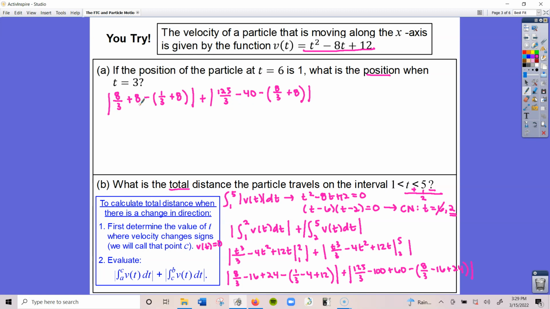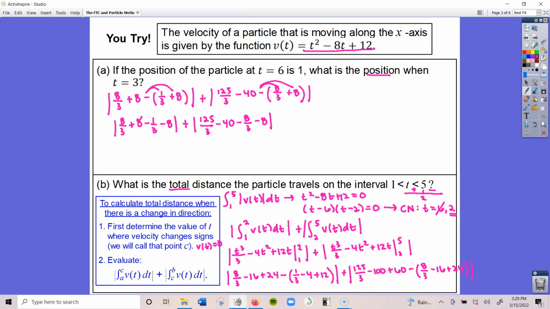All right, I'm going to distribute this negative and this negative here. So we get absolute value 8 over 3 plus 8 minus 1 over 3 minus 8 plus 125 over 3 minus 40 minus 8 over 3 minus 8.